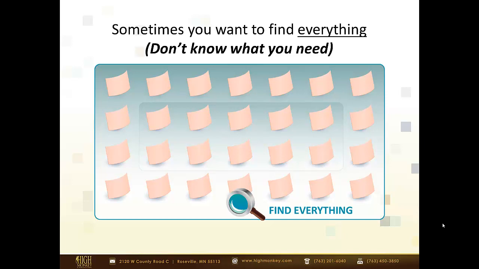You just want to look and find out what's out there. Again, search engines can help these folks a lot, because I'm putting in broad terms and I don't have an expectation of being able to truly narrow down to something specific. Instead, I'm just searching on a topic and seeing what I find.